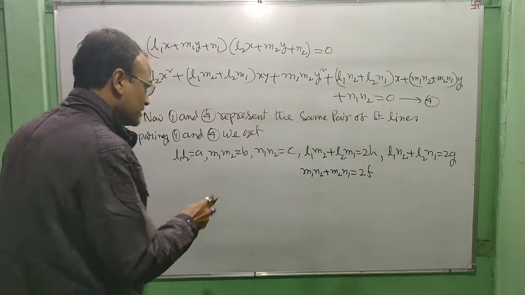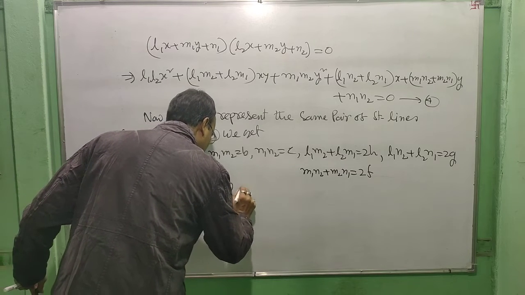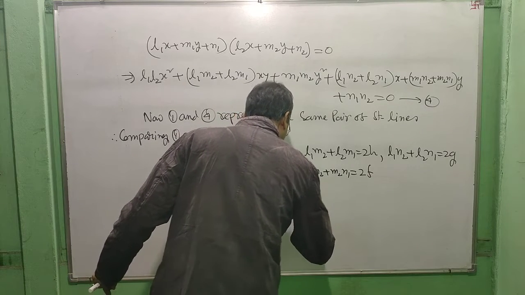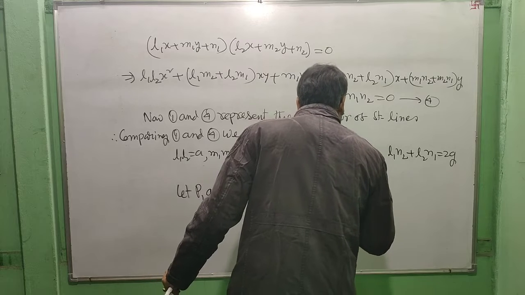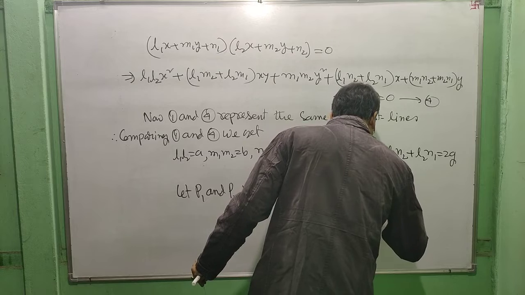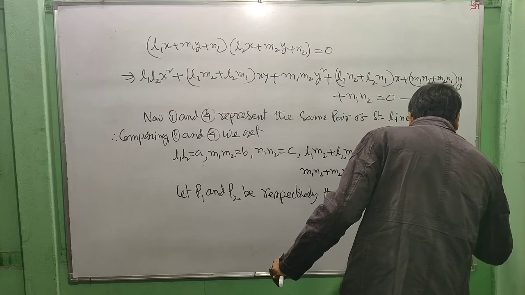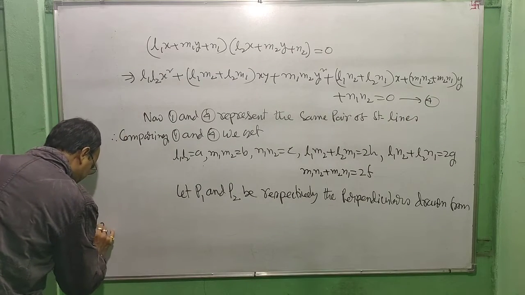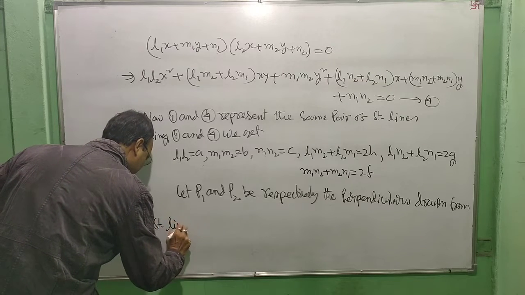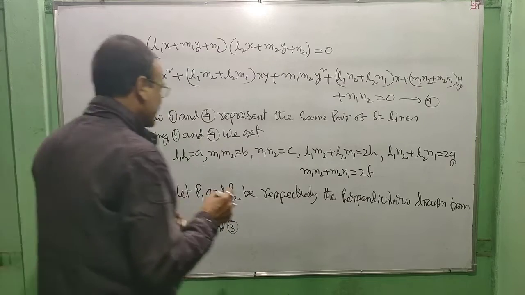Now, suppose that P1 and P2 be respectively the perpendiculars drawn from the origin, from 0, 0, on the straight lines 2 and 3.